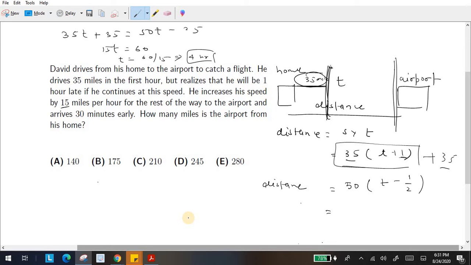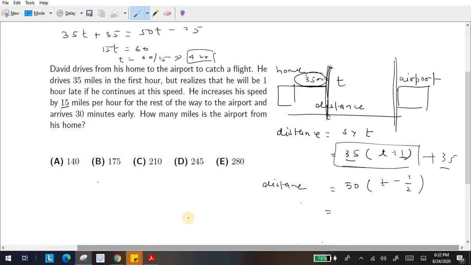Wait, what? Any issue in getting it? Shall I explain again? No, it's fine. And then distance, speed times time equals distance.